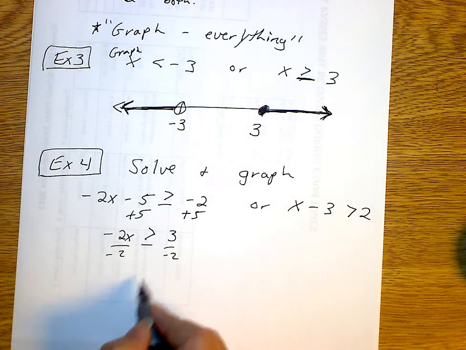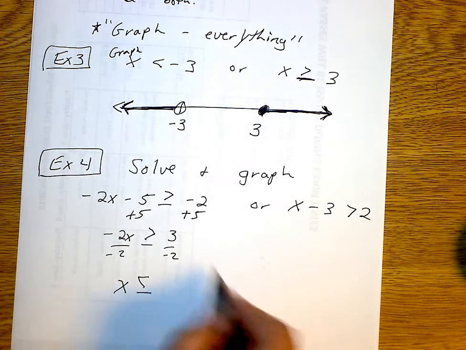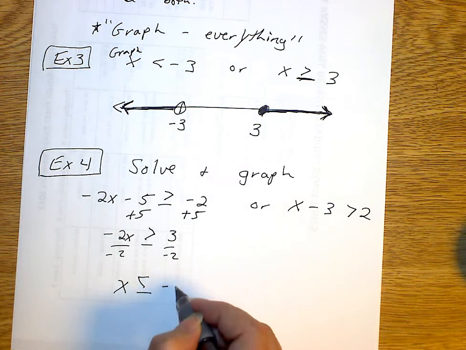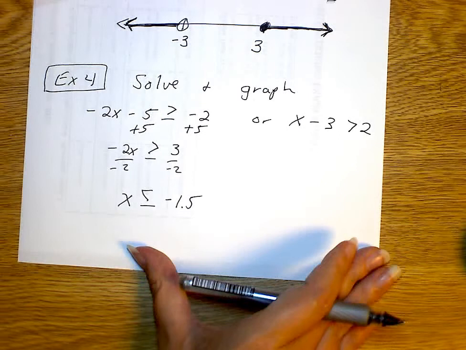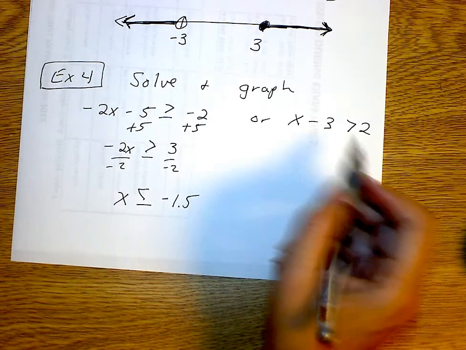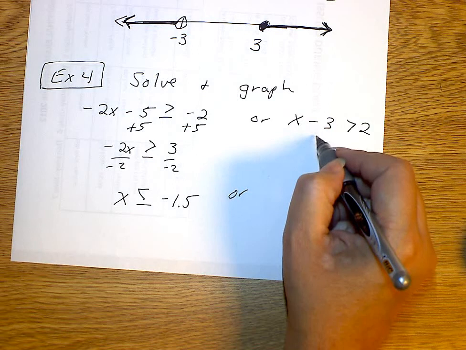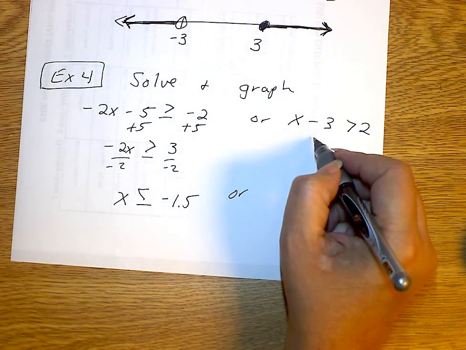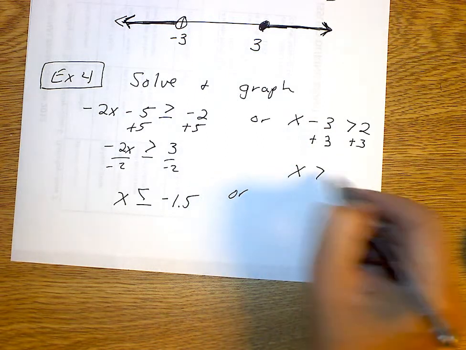Flip that sign. So we have x is less than or equal to negative 1.5. Now the other side, it's or. We're going to do what to solve for this? Add 3. So we have x is greater than 5.